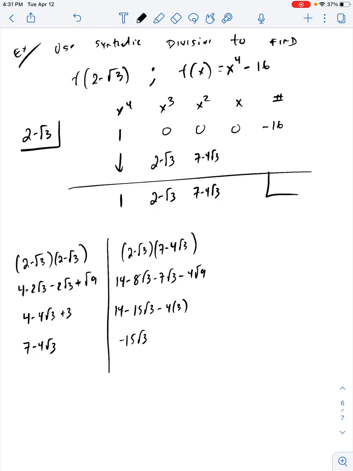Negative 15 square root of 3. This turns into 12, so 14 minus 12 gives us 2. So that goes right here.